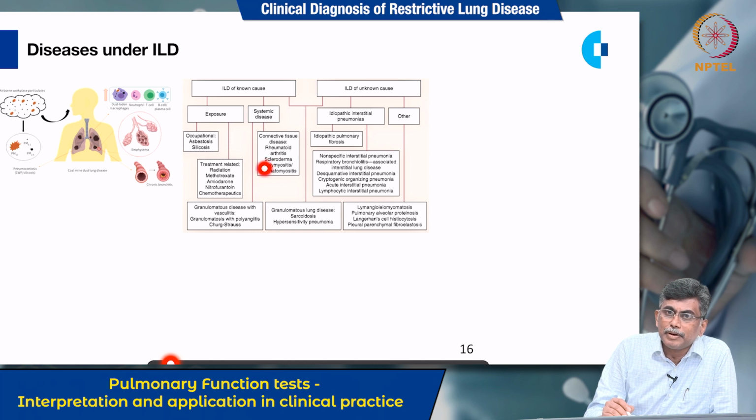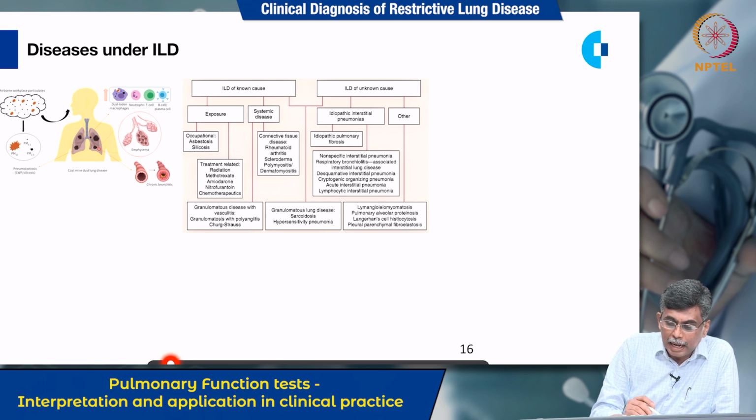ILD can occur secondary to connective tissue disorders like rheumatoid arthritis. It can be secondary to some small vessel vasculitis like Wegener's granulomatosis or Churg-Strauss syndrome, or it can also be related to exposure to organic solvents. So these all come under ILD of known cause.